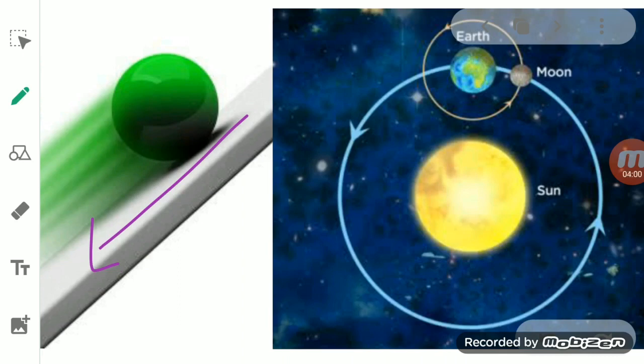So it is following the path and rotating also, so we can say that it exhibits more than one type of motion, and thus it has rectilinear as well as rotational motion. Now we take another example also. We have studied about rotation and revolution, students. So you see, rotation is what? In which an object moves on its own axis.